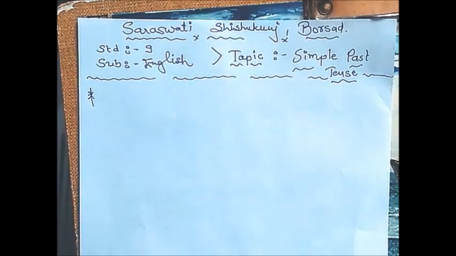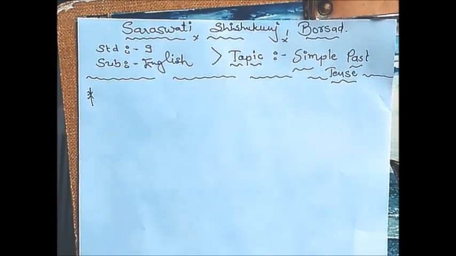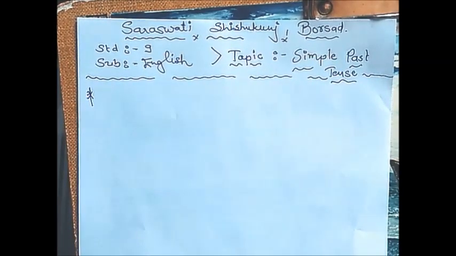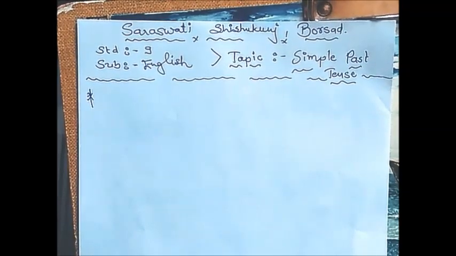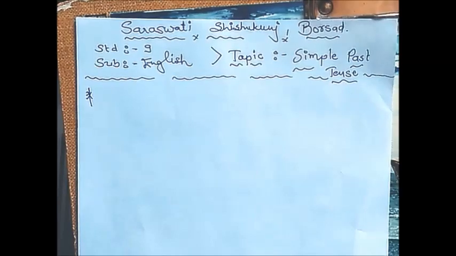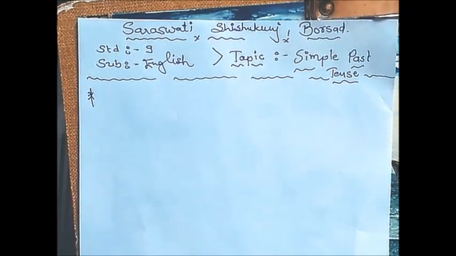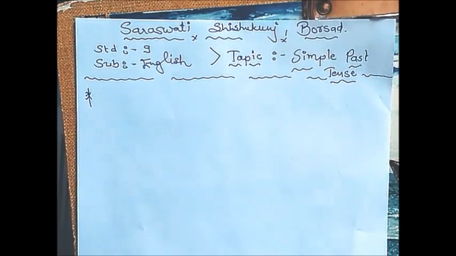Hello students, in today's video we are going to learn about simple past tense. Till now we have discussed all the four tenses of present tense. As you know, we already have discussed simple present tense, present continuous tense, present perfect tense and present perfect continuous tense.